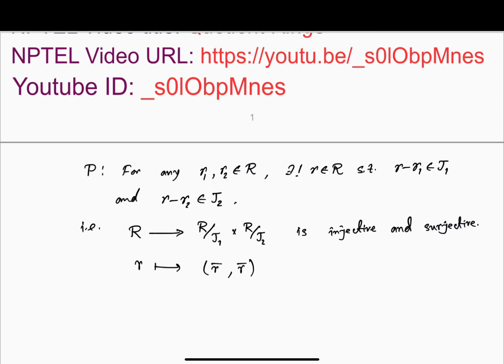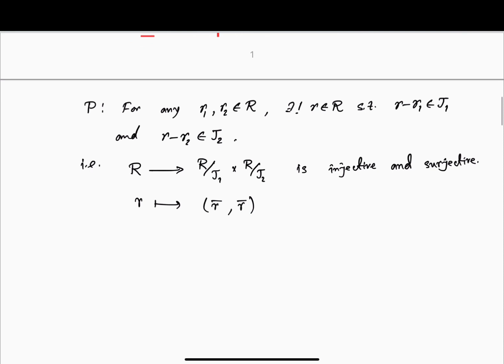And unique is saying that this map is injective, meaning it has kernel 0. Because if it has some non-trivial kernel, then the intersection of J1 and J2 is non-zero, and this map will certainly not be injective, right? So this is what P is saying. And Q is saying that J1 plus J2 is R. This says that J1 and J2 are co-maximal.